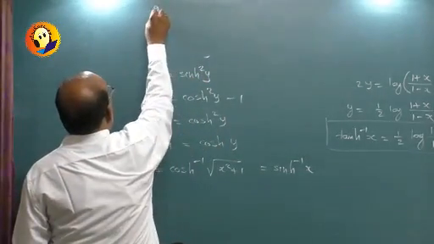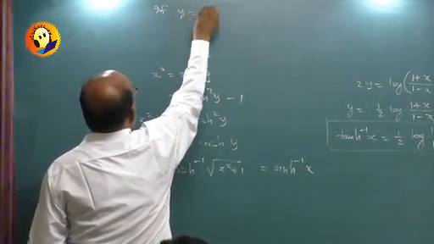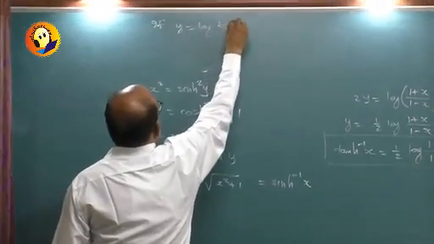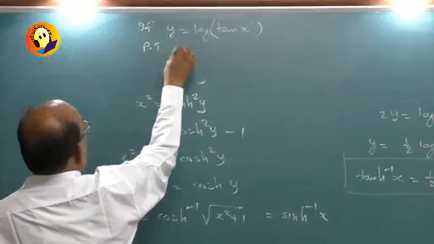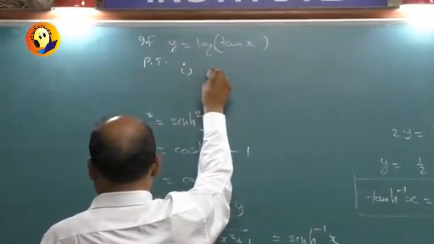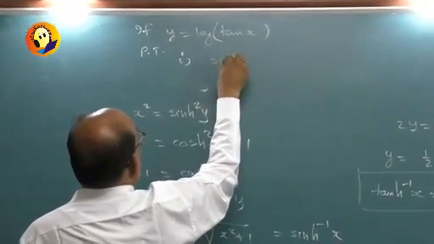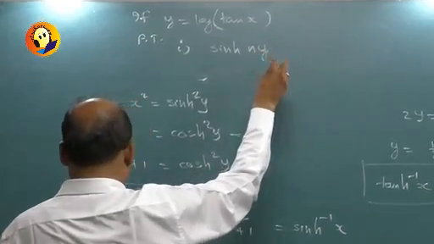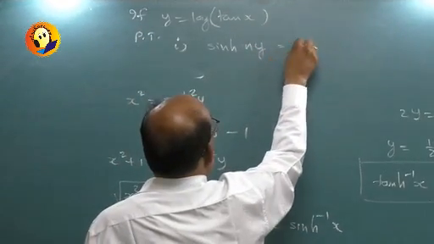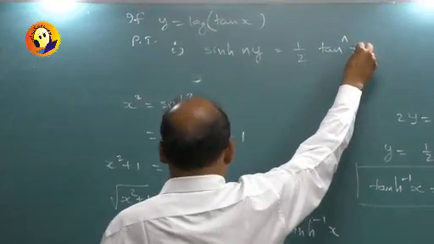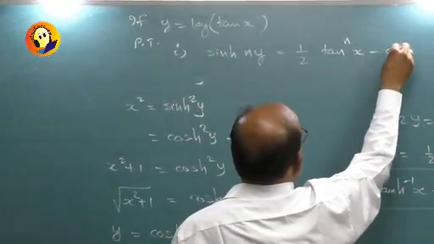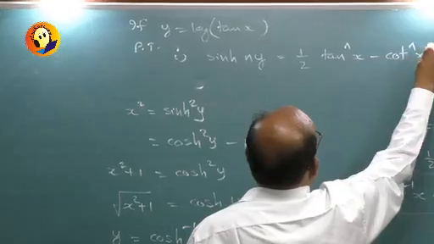They say that if y equal to log of tan x, prove that, number 1, sinh ny is equal to half tan raised to n x minus cot raised to n x.